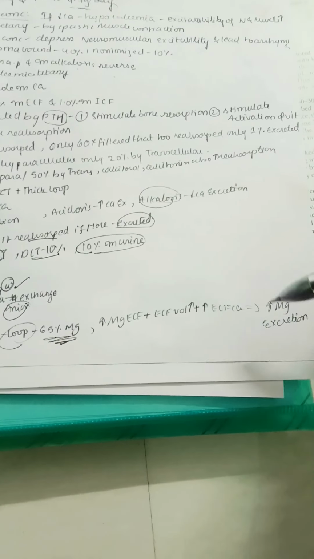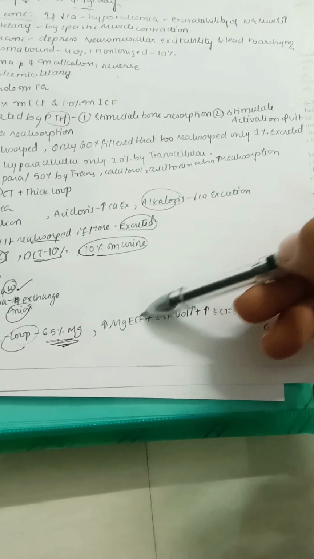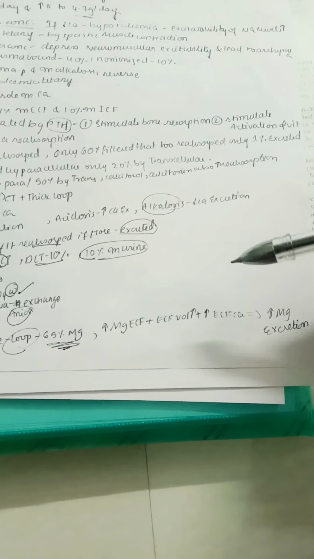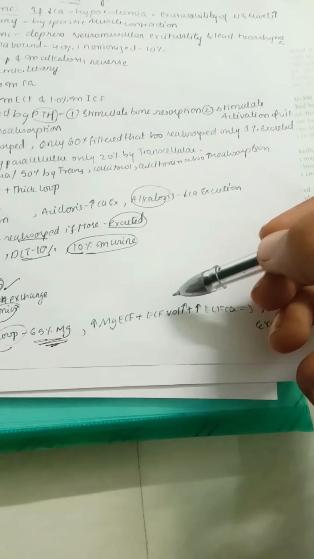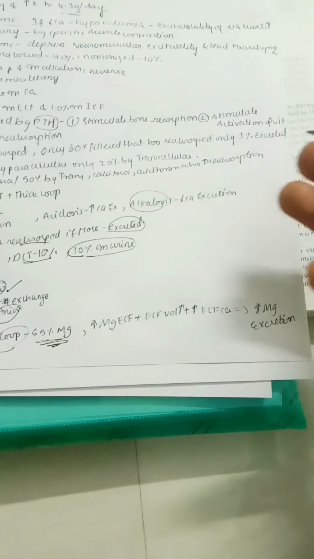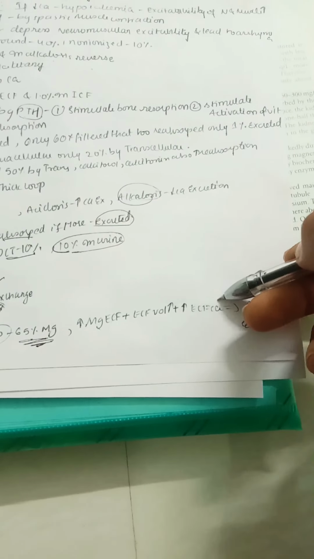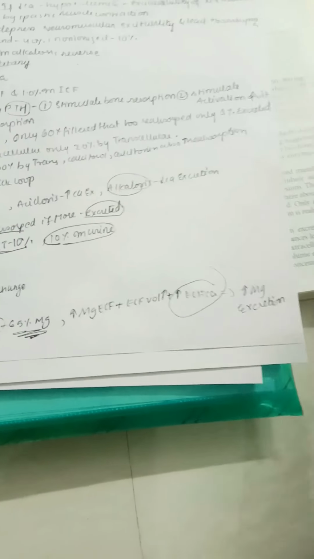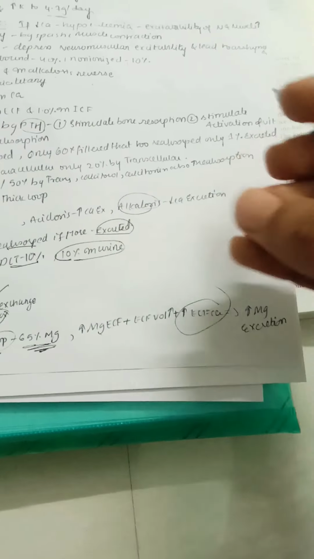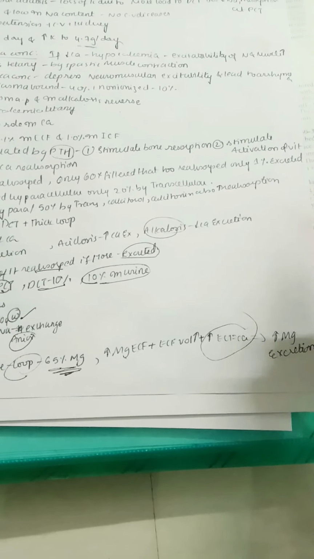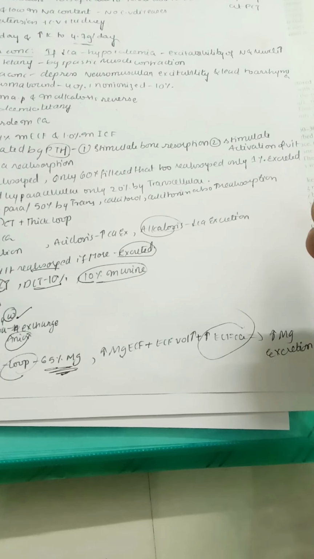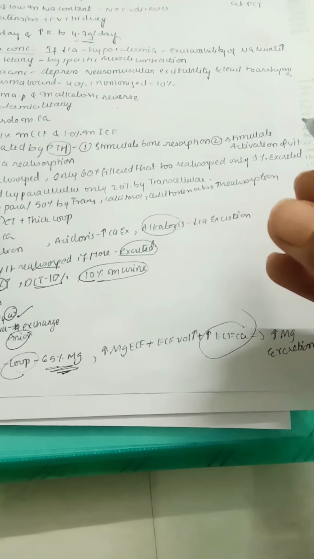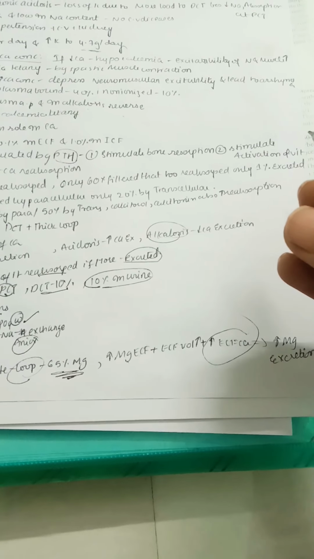And these are the reasons for increased magnesium excretion. There is higher magnesium excretion especially whenever extracellular fluid has higher magnesium. Of course, if magnesium is higher, we need to excrete it, and if extracellular fluid volume is high, then also we will excrete it. And whenever there is increased extracellular fluid calcium, if the calcium is very high, then we will release more magnesium, because calcium and magnesium are together mainly reabsorbed at the thick ascending limb of the loop of Henle.